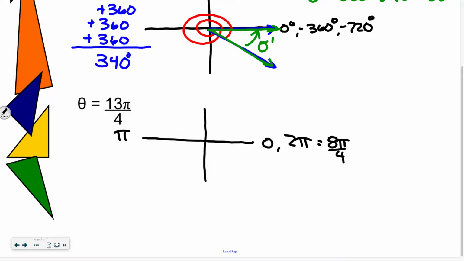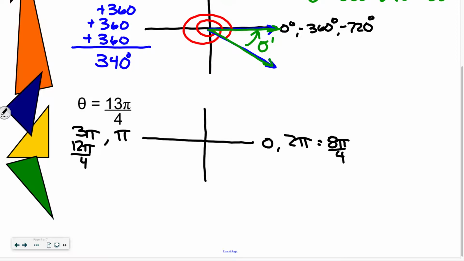What if after I'm already at 2 pi, I go halfway around? Then I'm at 3 pi. And 3 pi with a denominator of 4, just multiply 4 by 3. What would the numerator be? 12 pi over 4. So now we're pretty close to that, right? 13 pi over 4.